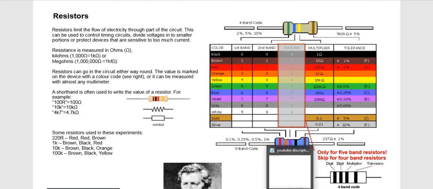So you take 237 times 1, which still gives you the same 237. So this is actually a 237 ohms resistor. As you can see, it's written here 237 ohms, and a tolerance rounded to 1, that's plus or minus 1. So this can be applied to every other resistor, be it a 5 band or a 4 band.